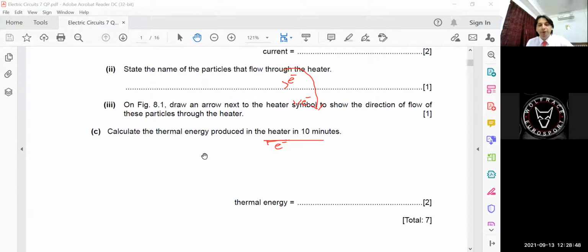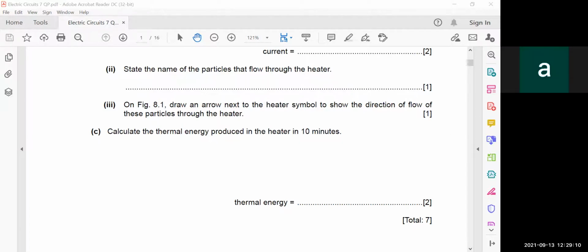Calculate the thermal energy produced in the heater in 10 minutes. Thermal energy or heat generated in the heater in 10 minutes. What equation will you apply here to calculate the heat generated by the heater if it is operated for 10 minutes?